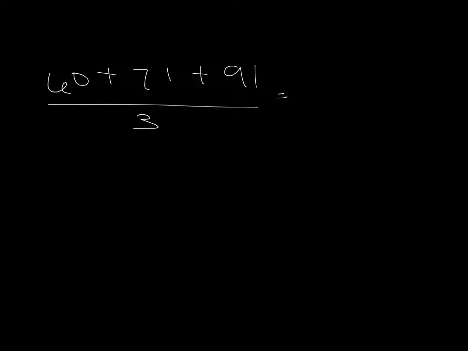So let's say, for instance, you got a 60 on your homework, 71 on a quiz, and a 91 on a test. If you were to just average those using regular averages, you'd have a 74% in the class because of your lower scores on your homework and your quiz.